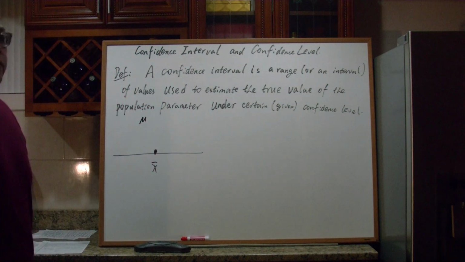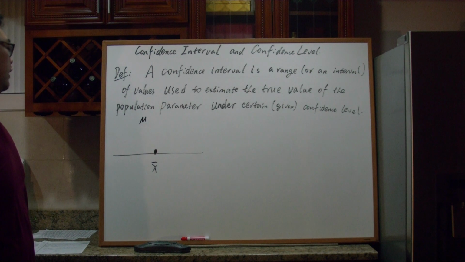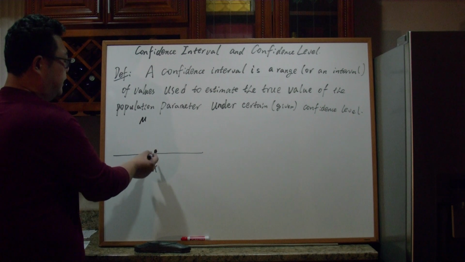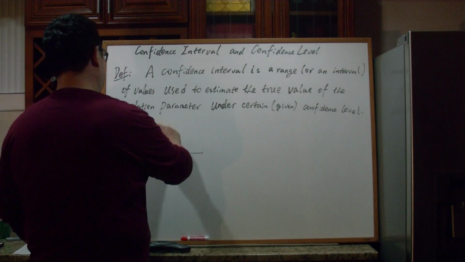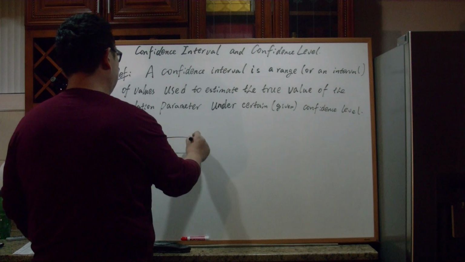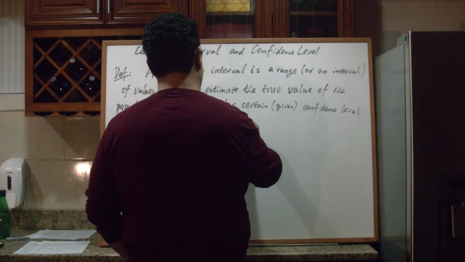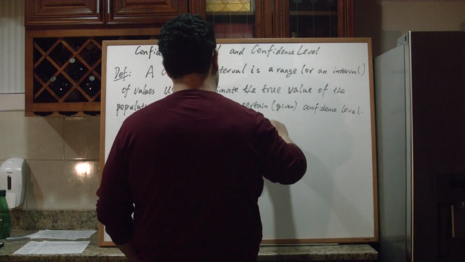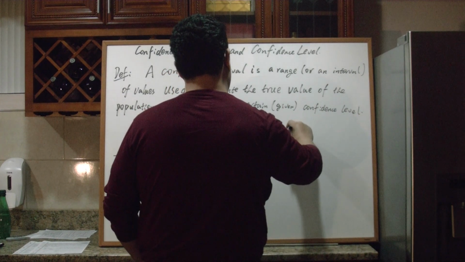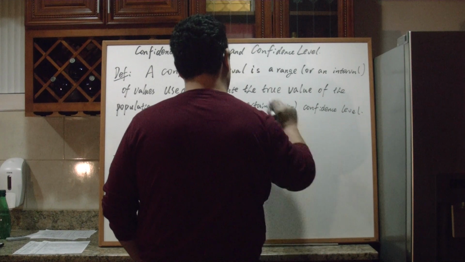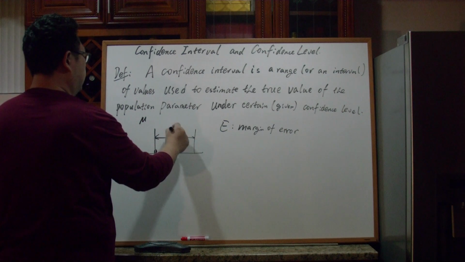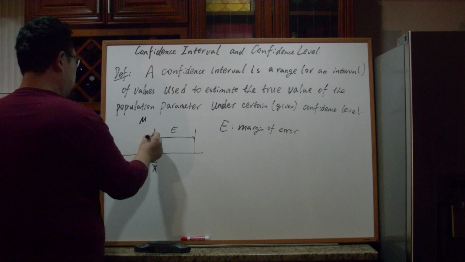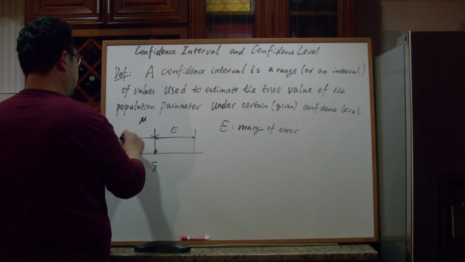To estimate a population mean, that was the example before, we actually do not know what it is. But the best point estimate is to draw a simple random sample and find the sample mean. Then we could calculate something called the margin of error, which is the margin that differs from the mean, to the right and to the left.